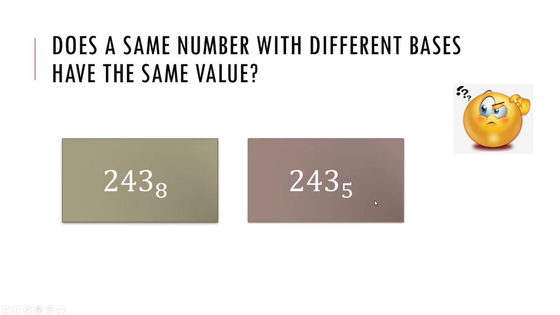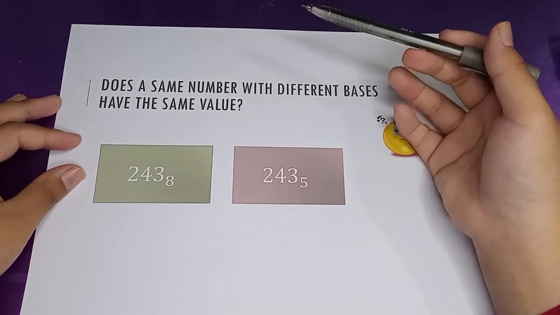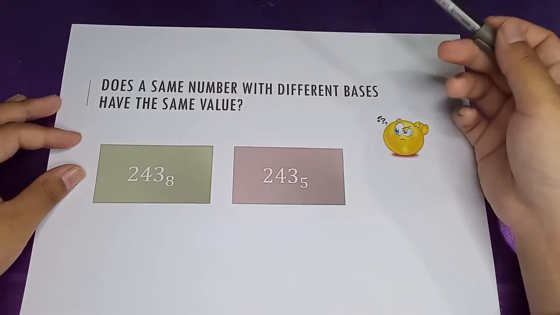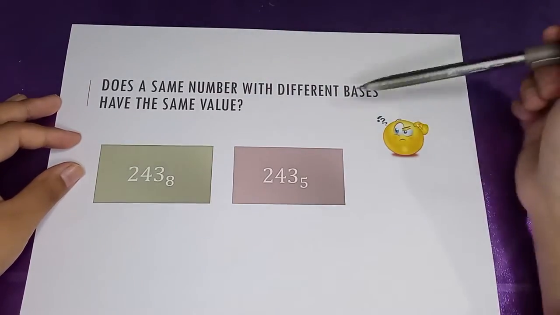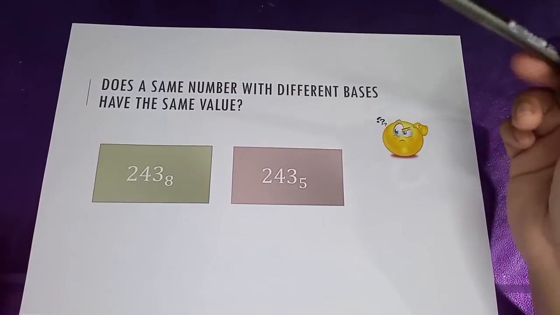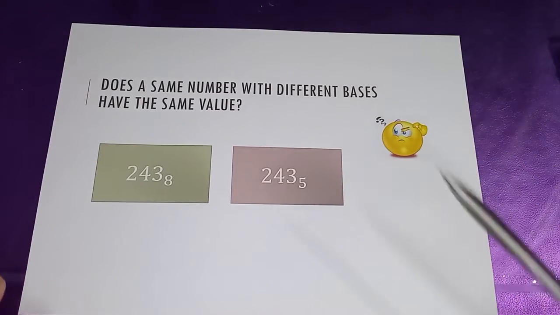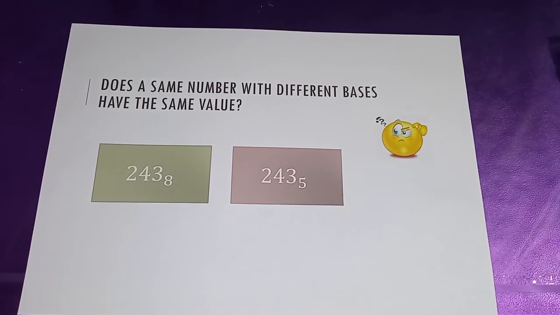Okay, we're gonna calculate it. For this question, we're gonna determine whether the same number with different bases has the same value. Do these two have the same number value? We're gonna draw a table.